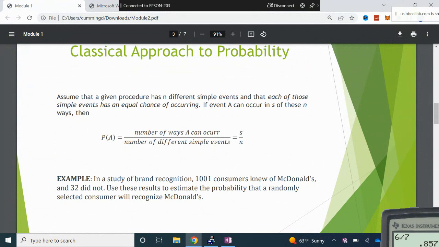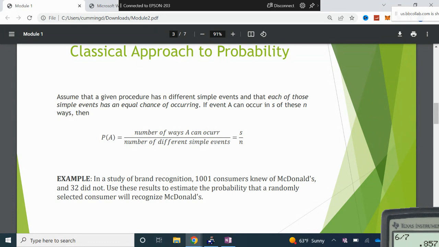If the event A can occur in s ways, then the probability of A would equal the number of ways the event can occur divided by the number of different simple events.